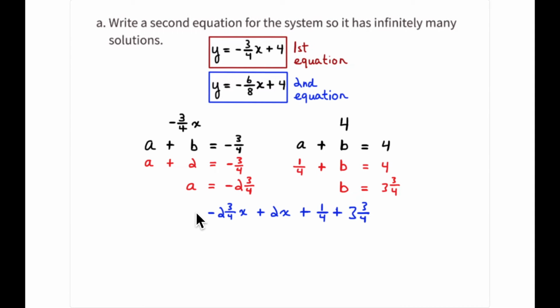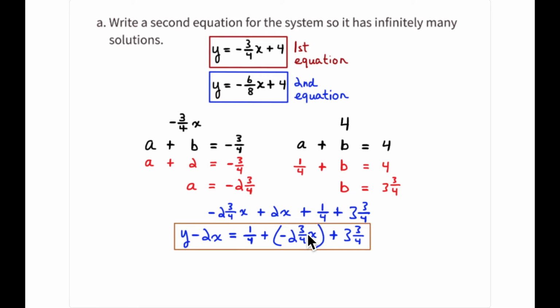So now I can set all of this equal to y, and that equation is equivalent to this first equation up here. But I made it a little bit tougher in that I moved this 2x over to the other side of the equal sign, just by subtracting this 2x from the right side and subtracting this 2x from the left side. So y minus 2x equals all of this.